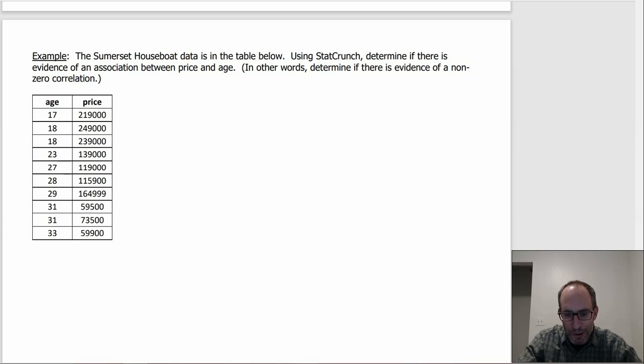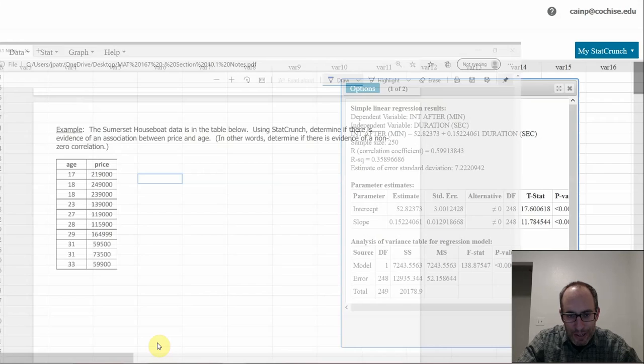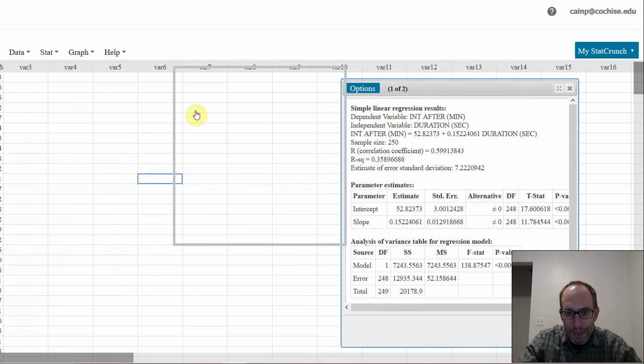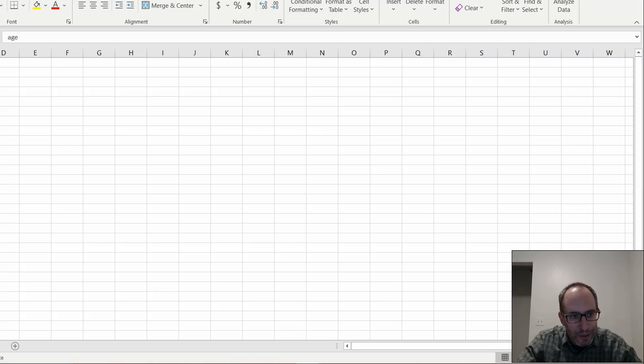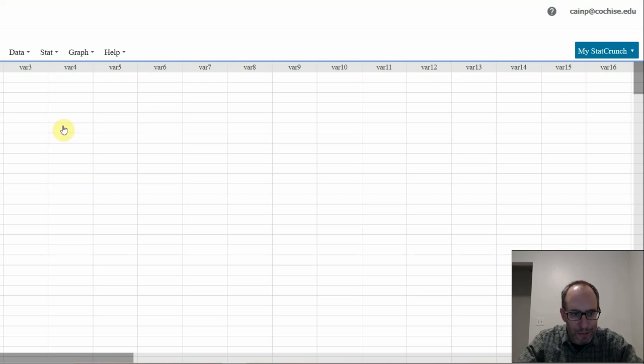All right, so let's do it. Now we can get rid of the Old Faithful, because we're talking about houseboats. Where are my houseboats? In the middle. I'm just going to copy these and paste them into StatCrunch. So there's the houseboat data.